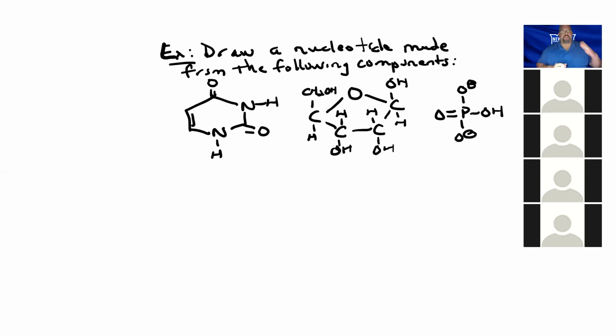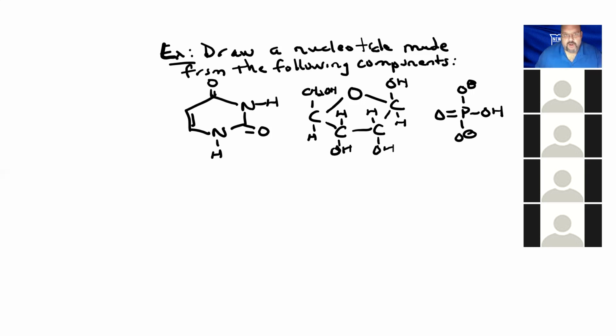And if you go back into the notes, we circled the hydrogen on the nitrogen for each of the nitrogenous bases. That would be removed when the base becomes connected to the sugar.